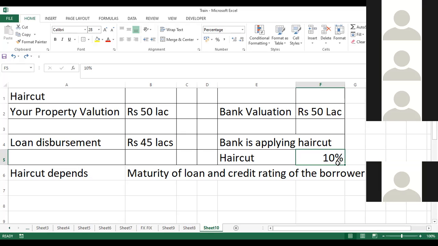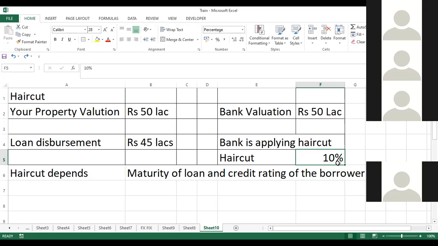If the market is at a stable level, and the maturity is just a year or so away, things would be visible in a better manner, like how the market is going to react or respond, and that is how you would be able to give a loan at a better haircut. It means you would not be charging a higher-end haircut, as compared to a situation where the loan has 20 years of maturity, right?